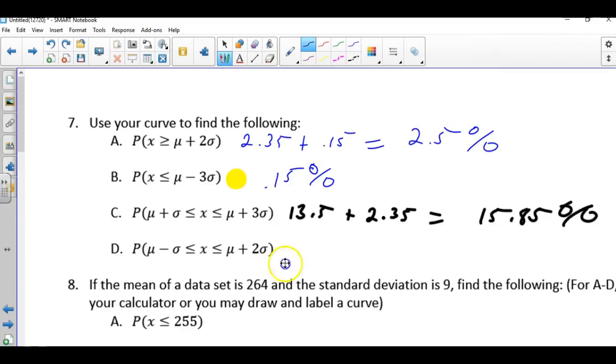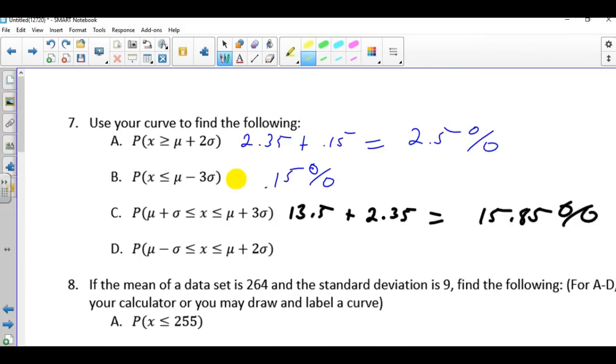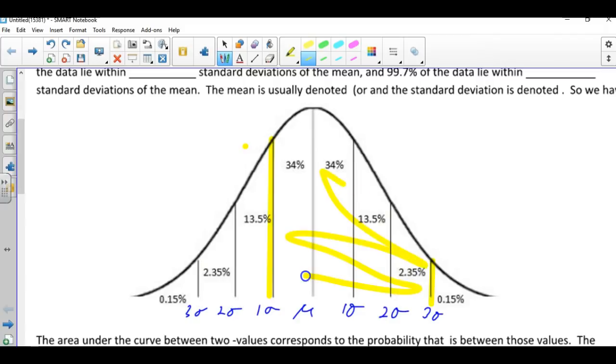And then we're going to do between minus 1 standard deviation and plus 3 standard deviations. So let's go back to this one. Again, we said minus 1 standard deviation, which is right here, and we said plus 3 standard deviations. So 1, 2, 3. That's 3 standard deviations. So we want all of this.